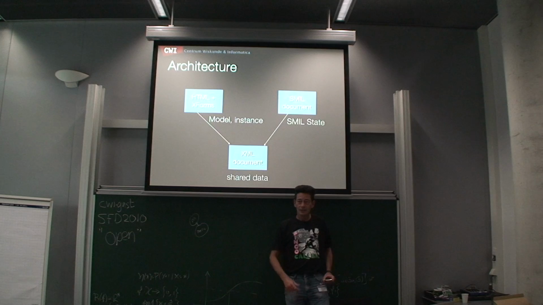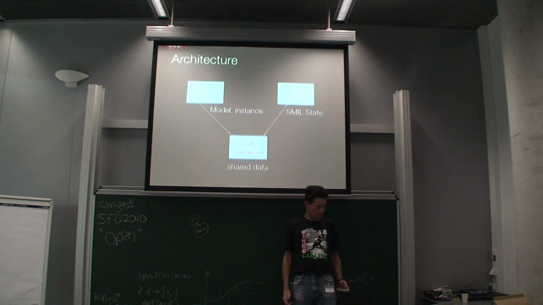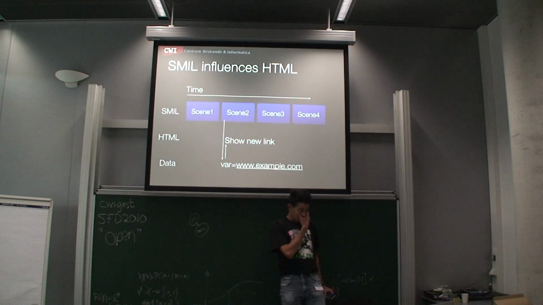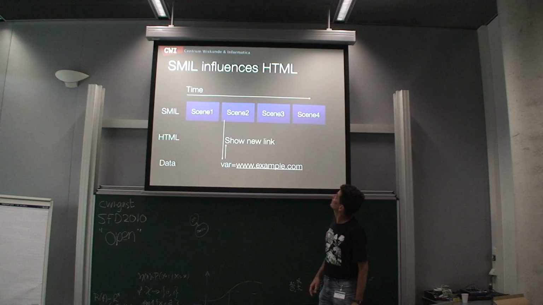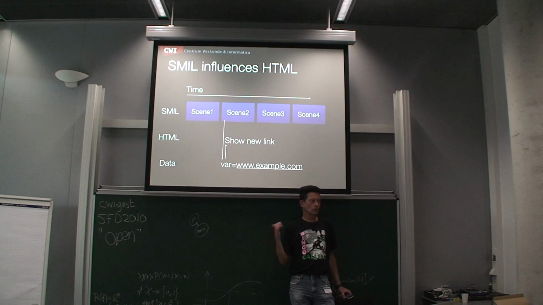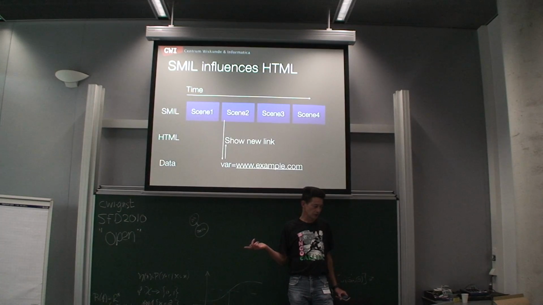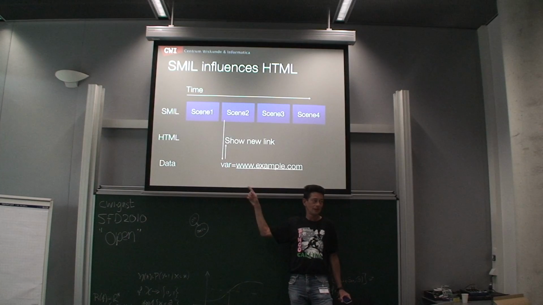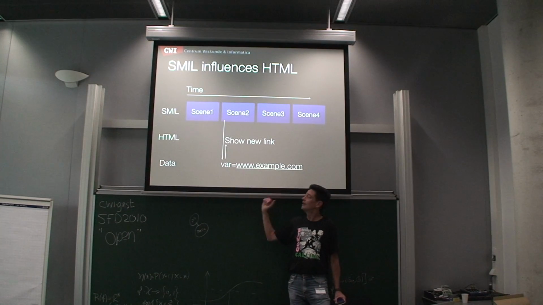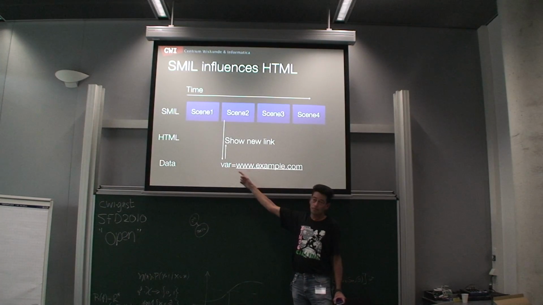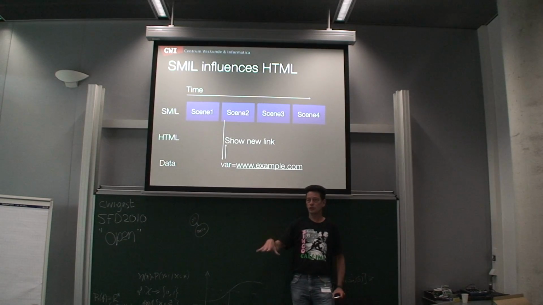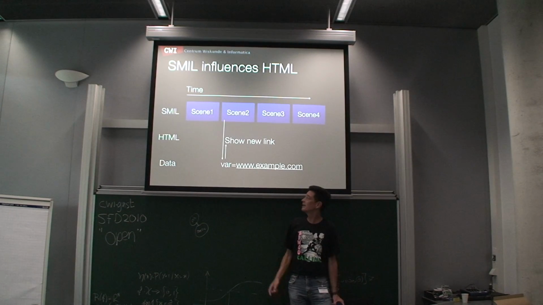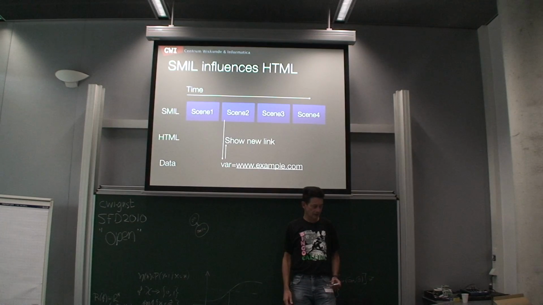It can look at it, and so the two can communicate. One way of communicating is SMIL controlling what is shown on the web page. For that additional material, a small statement sets a variable additional material, the HTML picks up the additional material, inserts it into the displayed HTML document, and you see the new link.